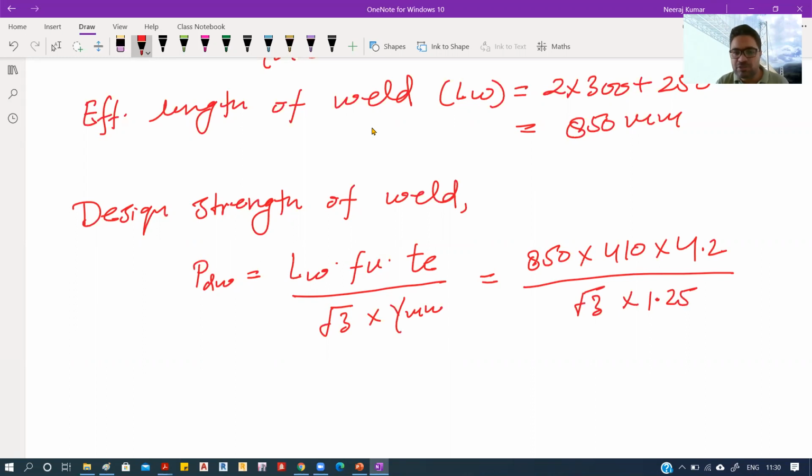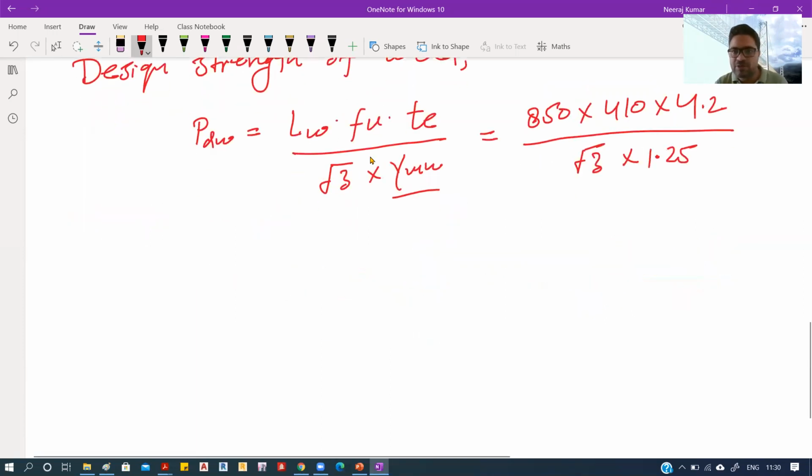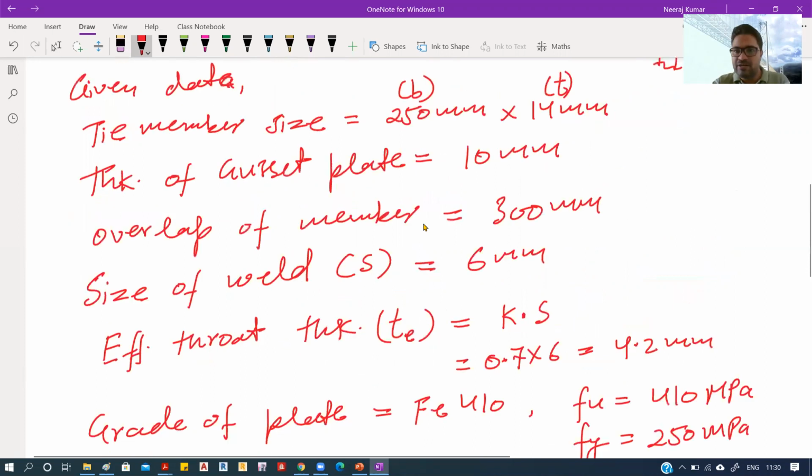Why? Because we are using the shop weld, and for the shop weld the gamma MW value is 1.25. After calculation we get the value of PDW as 676.05 kilonewton.